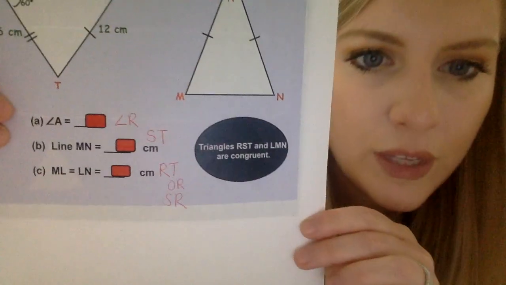Angle A was congruent to angle R. Line MN is congruent to line ST. And ML is congruent to LN, which is also congruent to RT or SR. Here are the answers.